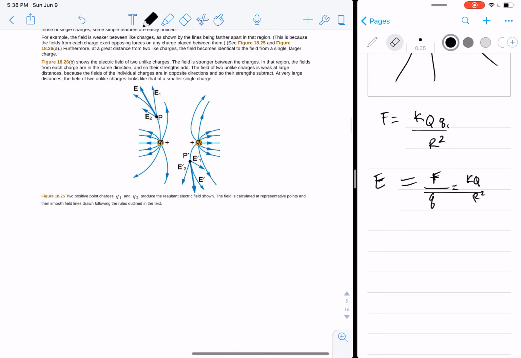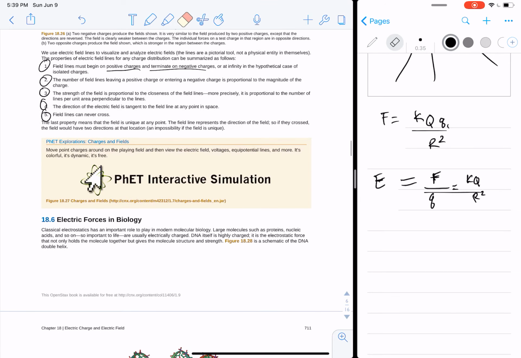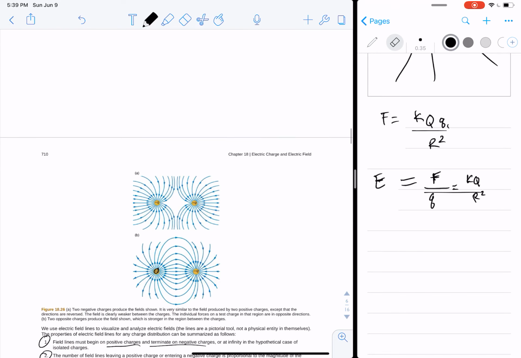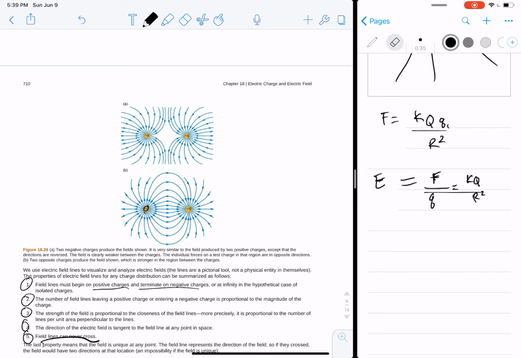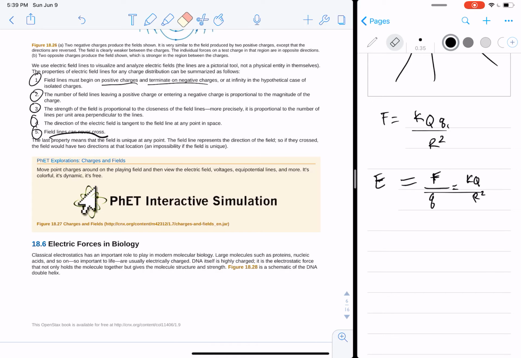That's what this is trying to say. The direction of the electric field itself is tangent to the field line. And then number 5 is the most important. Field lines never cross. So these field lines always begin and end on a charge, and they don't dip around or whatever. And that tells you something really important about what's going on.